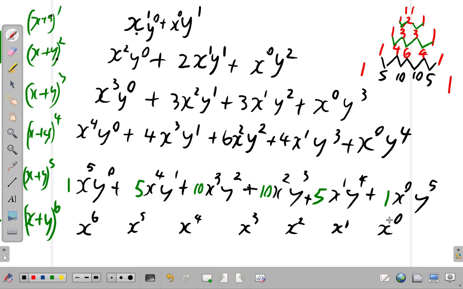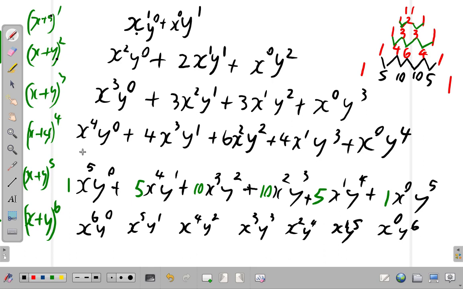Good. Those are the powers of x. What about the powers of y? You'll have y to the 0, y to the 1, y to the 2, y to the 3, y to the 4, y to the 5, y to the 6. Okay, so the powers of x went from 6 down to 0. The powers of y went from 0 up to 6.